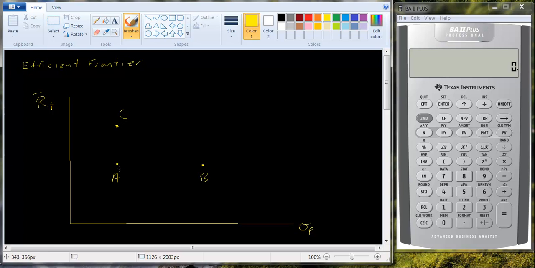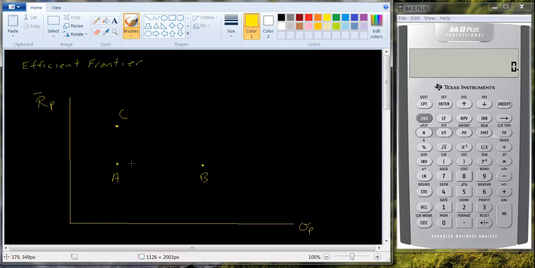So C is preferred to A is preferred to B, and we have this transitive property that C should then be preferred to B, which makes sense because it has both a higher expected return and a lower level of risk. So you can start eliminating certain portfolios.